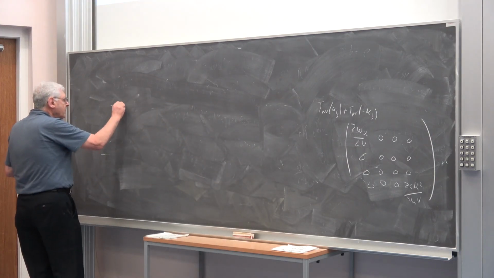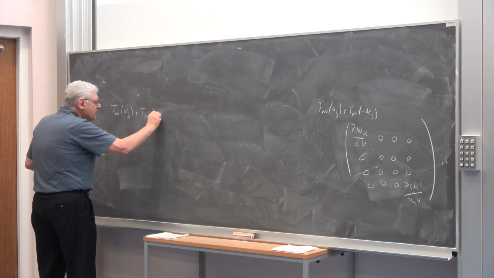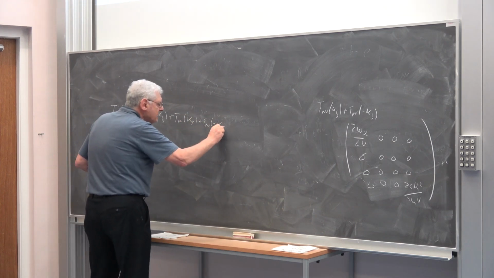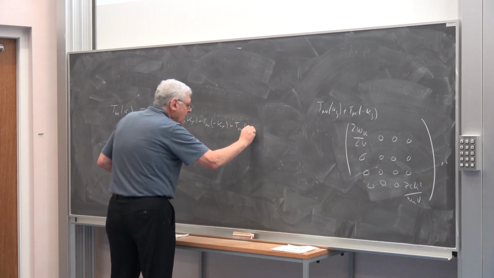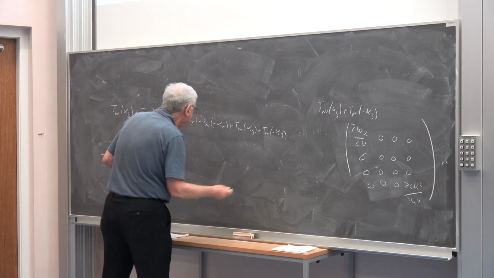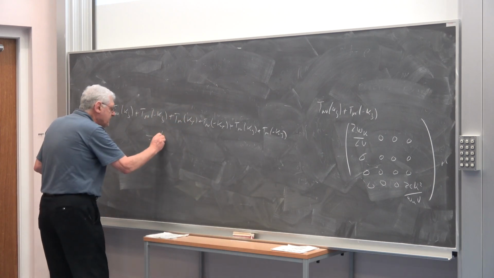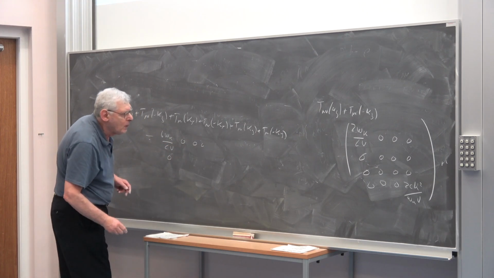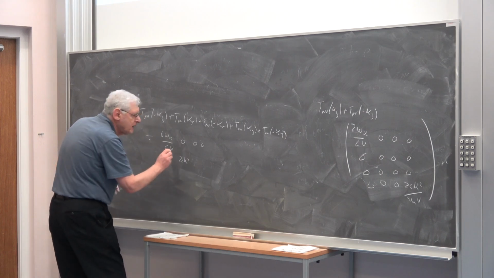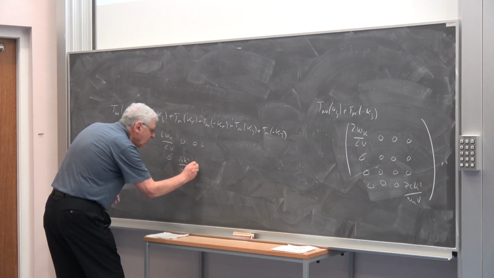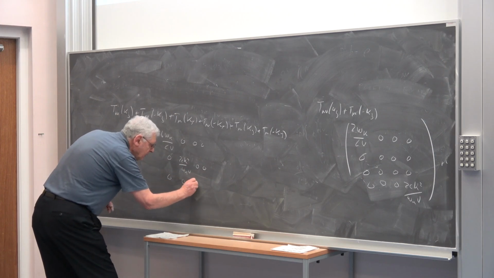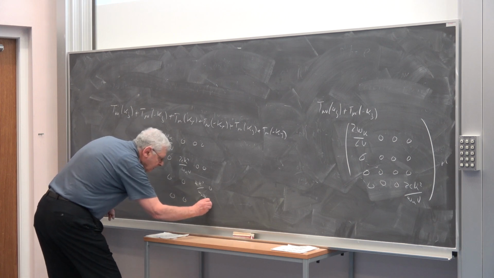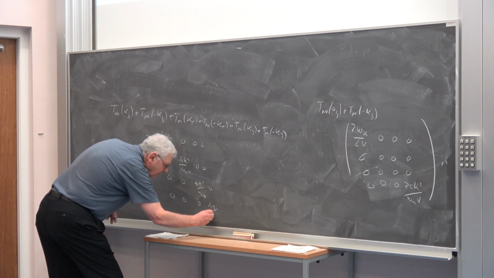So T^{μν} of k_z plus T^{μν} of minus k_z plus T^{μν} of k_x plus T^{μν} of minus k_x plus T^{μν} of k_y plus T^{μν} of minus k_y is equal to the same thing, 6 omega_k over cV, 0, 0, 0, 0, then that's 2c k squared over omega_k V, 0, 0, 0, 0, 2c k squared over omega_k V, 0, and finally 0, 0, 0, 2c k squared over omega_k V.